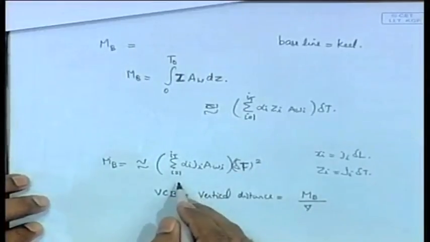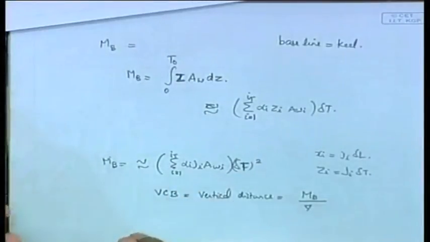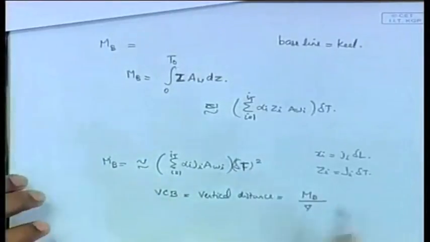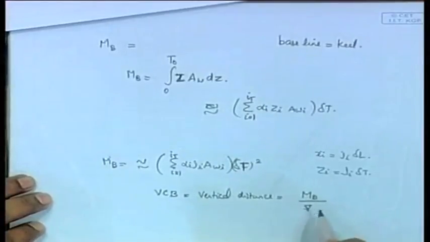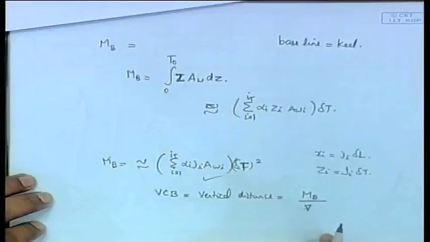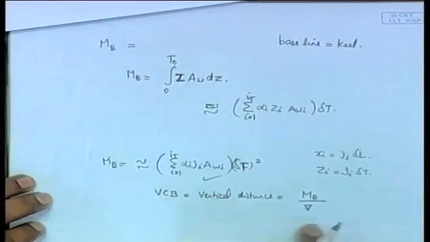MB is the moment of that volume about the baseline, and so this VCB will give you the distance from the baseline or from the keel. So, MB divided by displacement. MB is calculated here, displacement we just calculated previously. So, using these two you can get VCB.